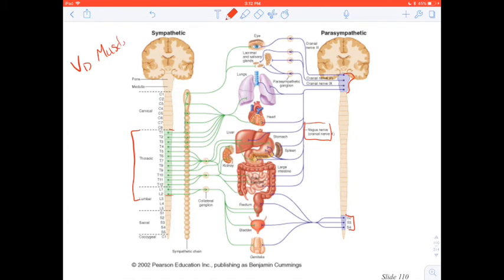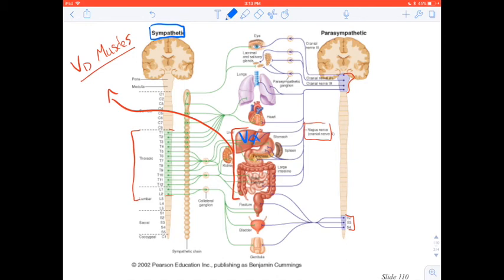But I don't need to be digesting food while I'm in sympathetic mode. So I'm going to divert blood from here to my muscles, which means I'm going to have to vasoconstrict here in my digestive tract. But all of this is going to be sympathetic control. So how do I vasoconstrict and vasodilate?